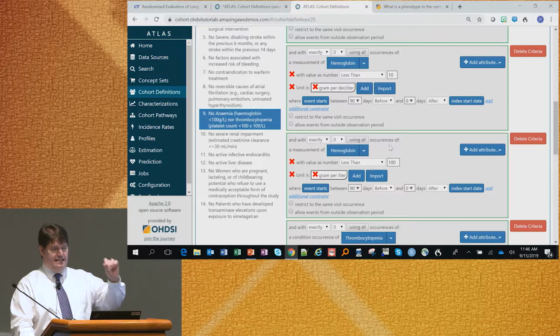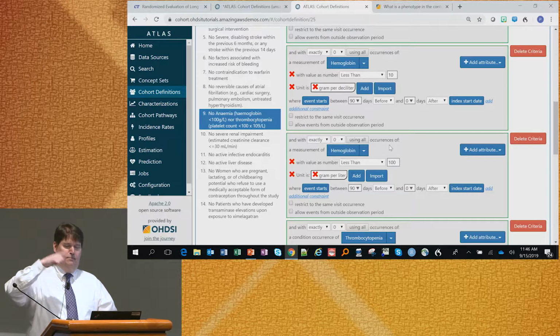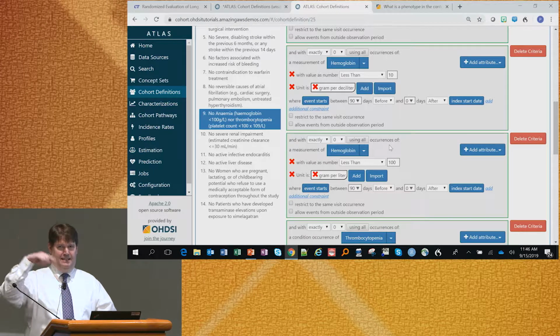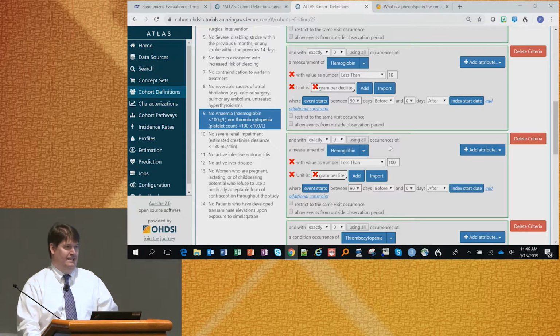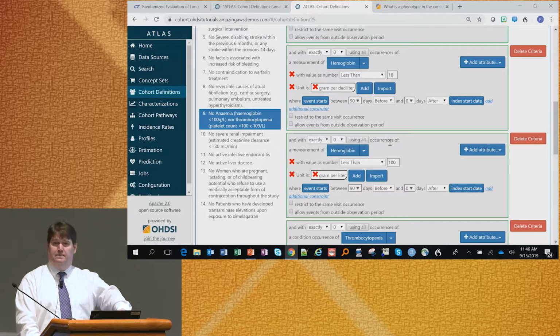We either said less than 10 grams per deciliter or 100 grams per liter, right? And that's just a matter of multiplying the liter to deciliter to get the 10 or 100, okay? So we had 2 ways of specifying pretty much the same measure that we're looking for, okay? So all I'm saying is that this is an example of using a measurement criteria using the unit and value attributes of that criteria.